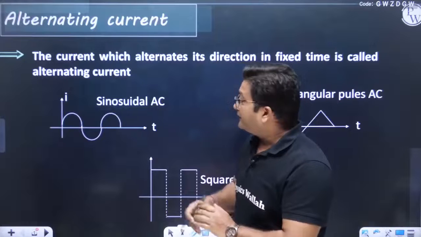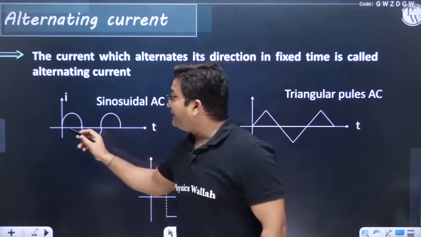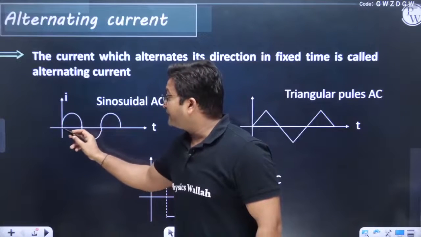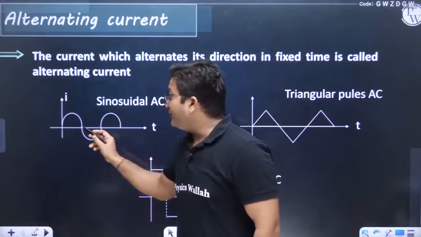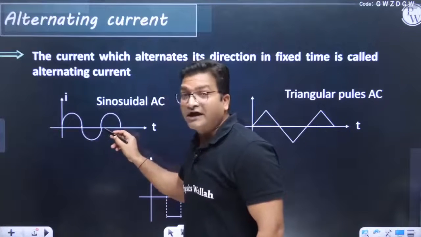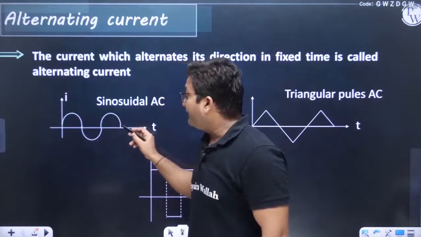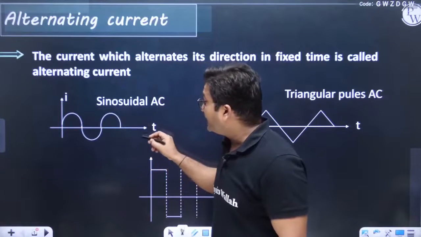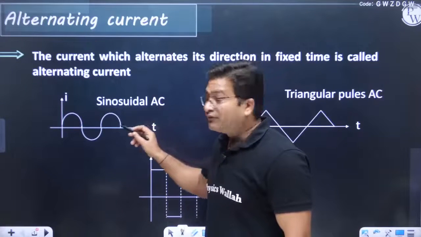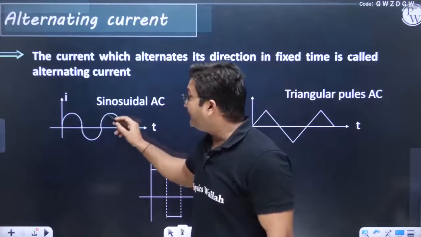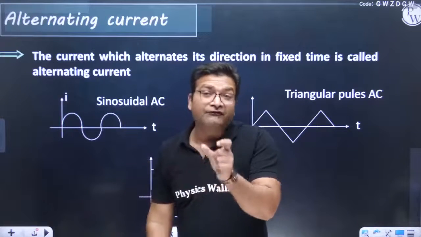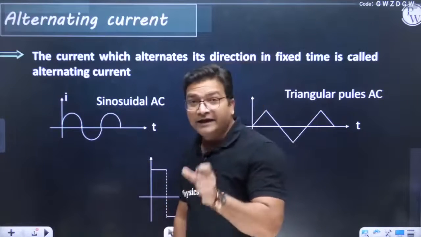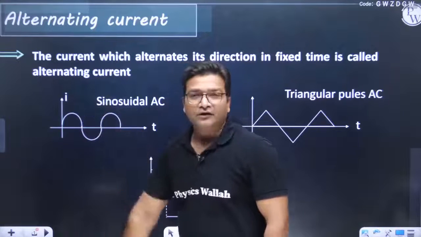Like in the first example, we can see the current is positive for a certain interval of time, then it is equally negative for an equal interval of time, then it is again positive. If we continue the graph, it will again be negative, and again positive. So the shape of the current is repetitive, repeating after a certain interval of time, and then we say the current is alternating.